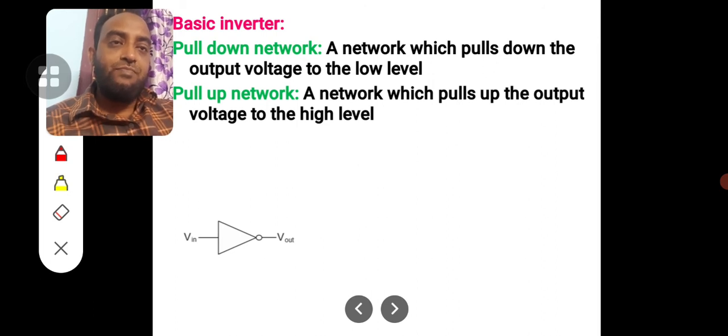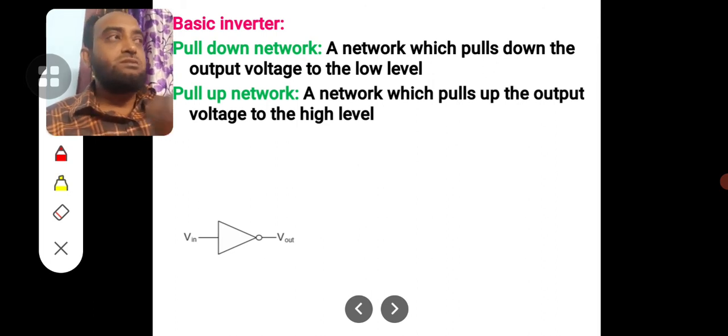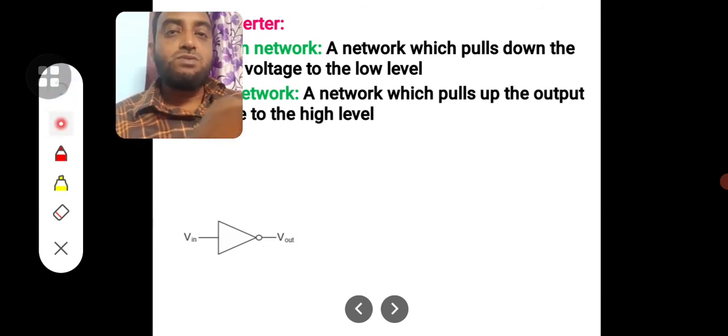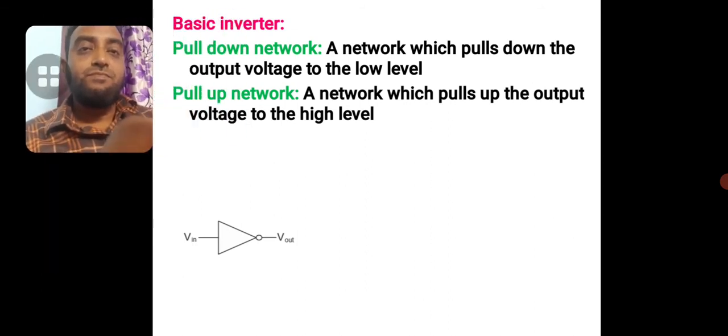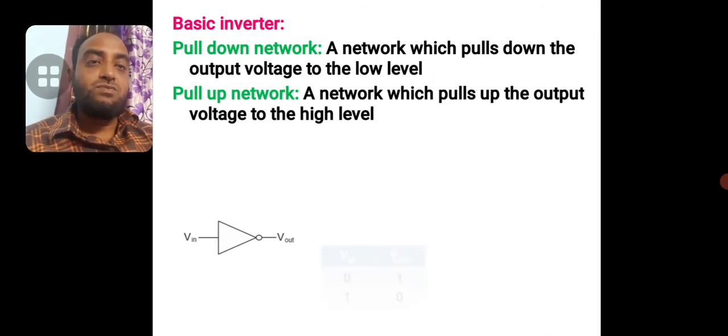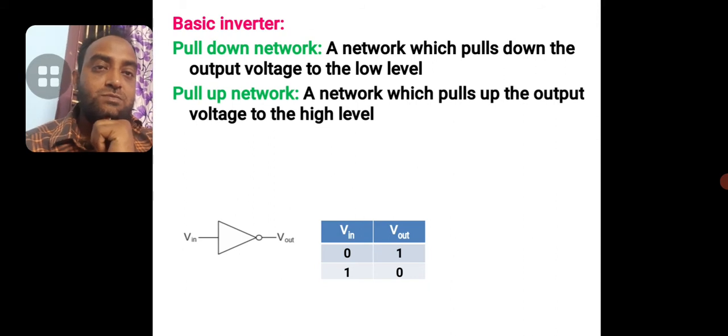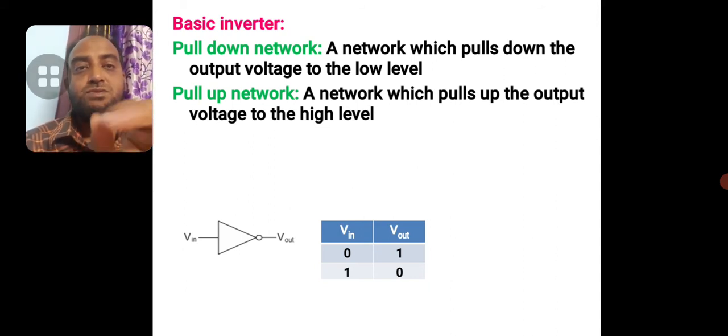So the basic property of an inverter is to convert 1 into 0 and 0 into 1. When you input 0, it will produce 1. When you input 1, it will produce a 0.